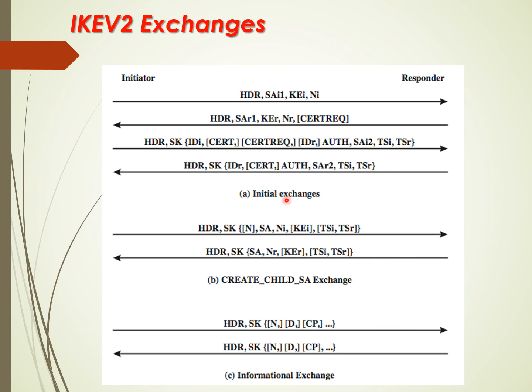After the initial exchange is over, the second exchange is called the create child security association exchange. Here again the two parties, the initiator and the responder, authenticate one another. The initiator authenticates with the responder, and the responder also needs to be authenticated with the initiator.